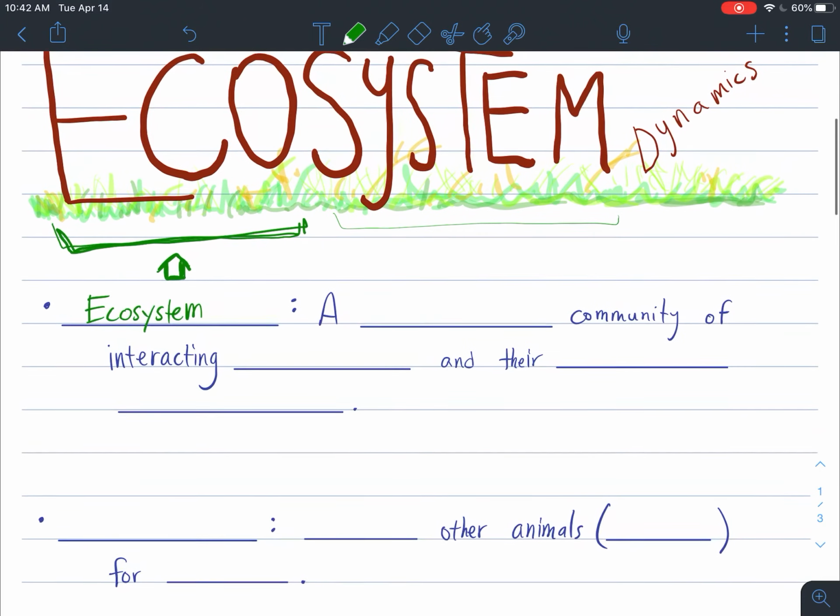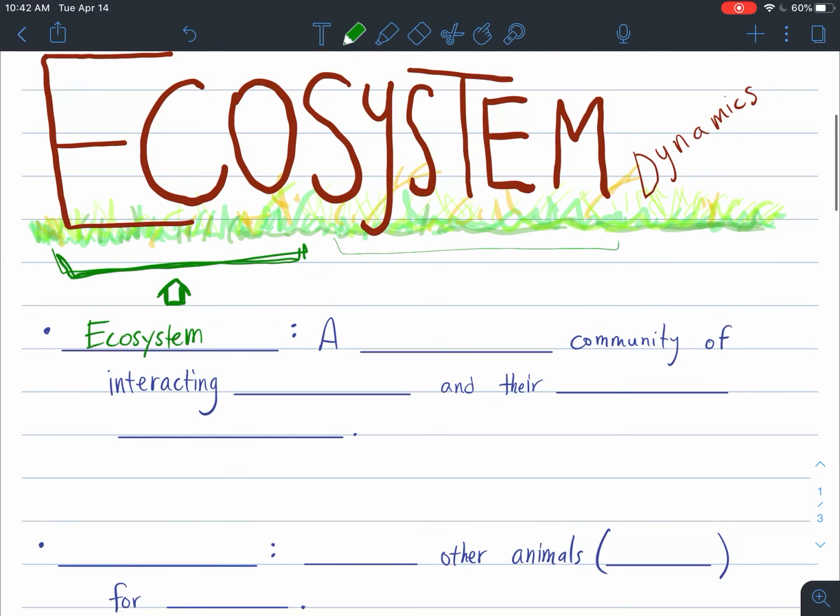In biology and ecology, which is another eco word, it's the study of the homes of things. So it's basically a biological, which means living things, because bio means life, community of interacting organisms.